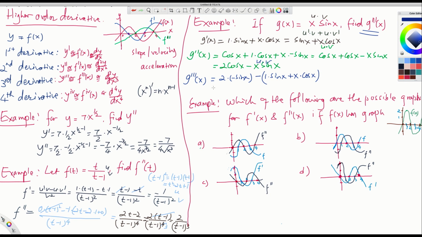The final answer will look like this: negative 2 sine x and then minus sine x, and then minus x cosine of x, because you need to distribute that to both of these, right? If you simplify, negative 2 sine x minus sine x is negative 3 sine x, and then minus x cosine of x. So this is the final answer for the third derivative of this g of x function, okay?